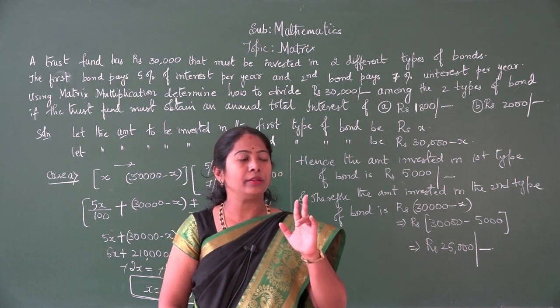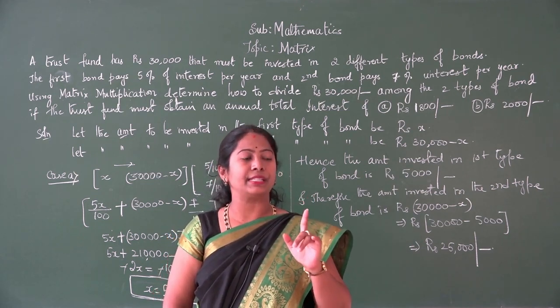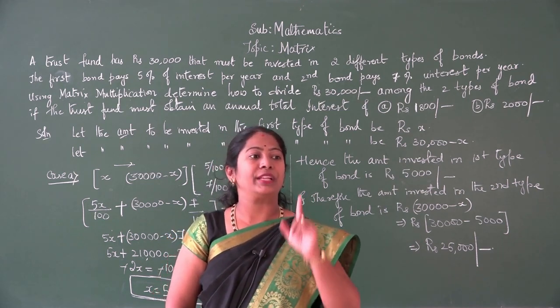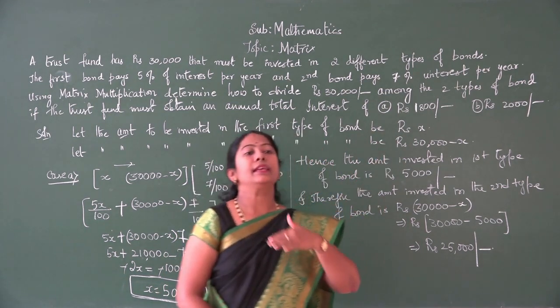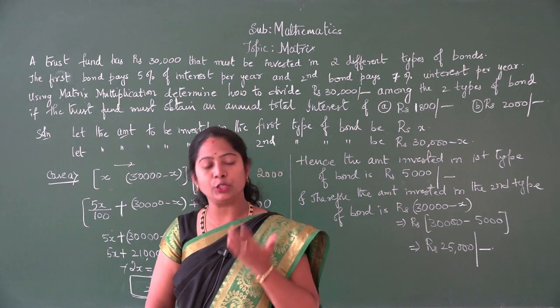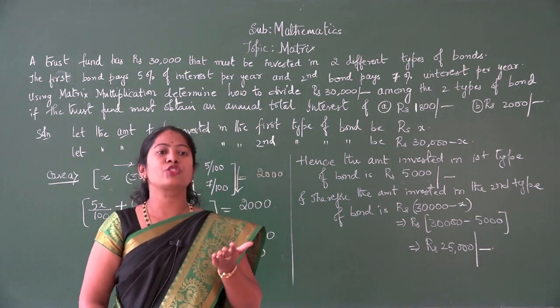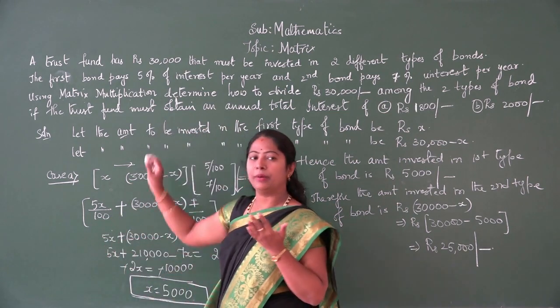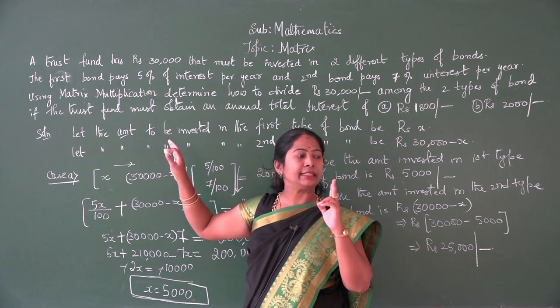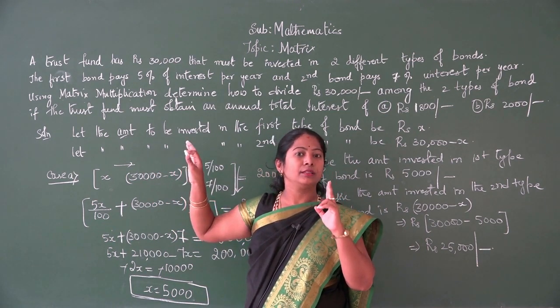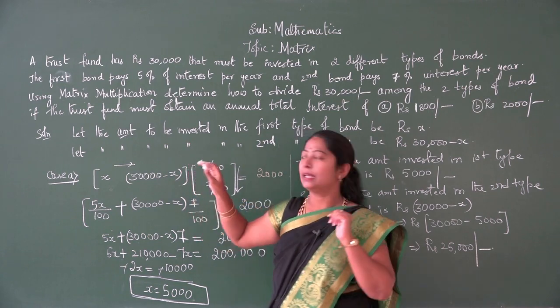The second bond pays an interest of 7%. And that interest amount in the first case is rupees 1,800, and in the second case it is rupees 2,000. So in general, we will consider the amount to be invested in the first type of bond as x, and in the second type of bond as rupees 30,000 minus x.